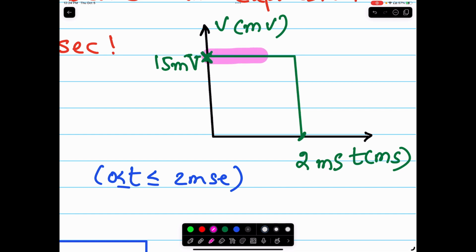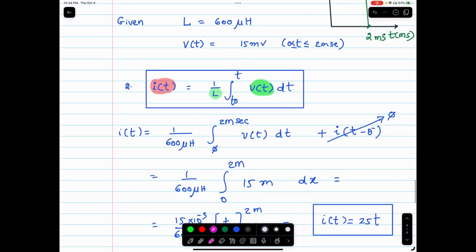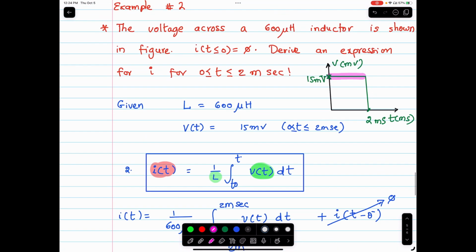The voltage in this time range is constant. When we look at the expression for current, 25t, you may plot it and you will see that the current is a straight line with slope 25, going through the origin. This is i of t.